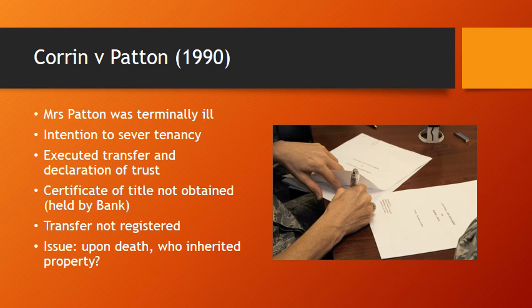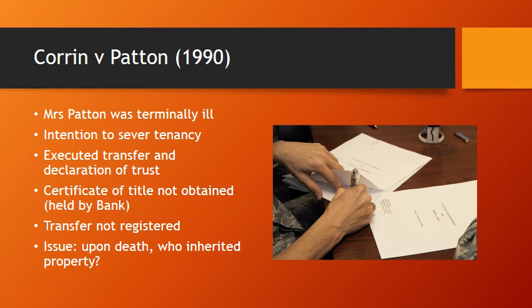In Queensland, it doesn't apply so much anymore, but this is why that factual scenario is relevant in this High Court case. The reason it was with the bank is because the bank was holding it as a way of security for the mortgage that they had given to Mrs. Patton. So there was a mortgage over the property, and in order to register the transfer, that is to bring the new person onto the property, in this case, to get out of the joint tenancy arrangement, they had to register this transfer document, and they had to lodge the certificate of title at the same time.